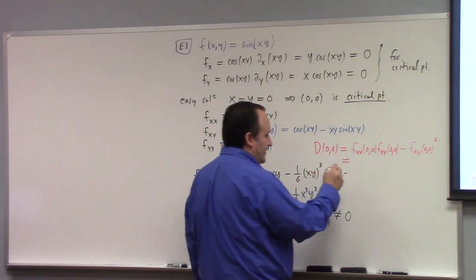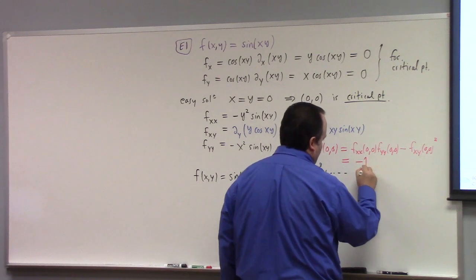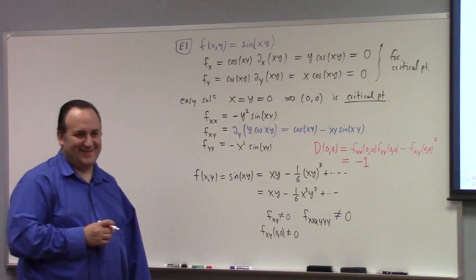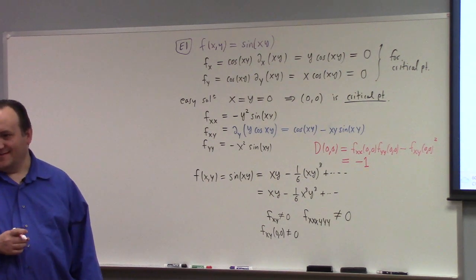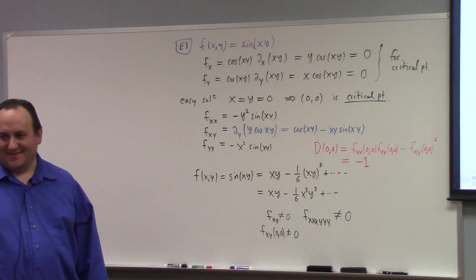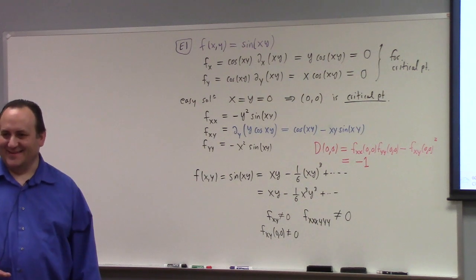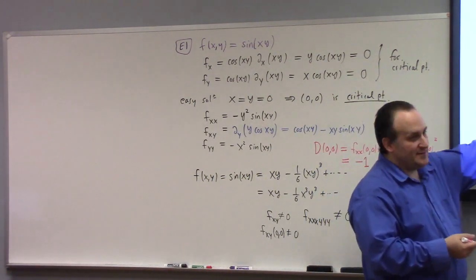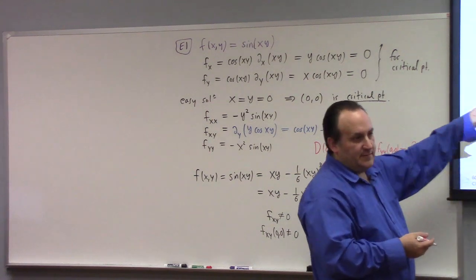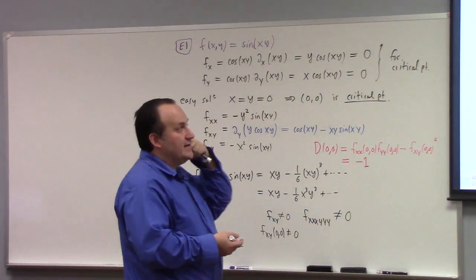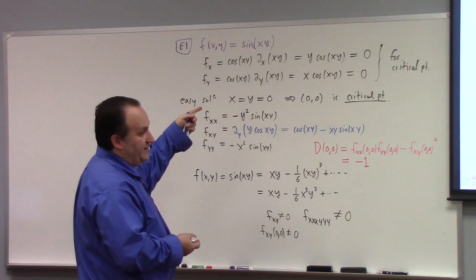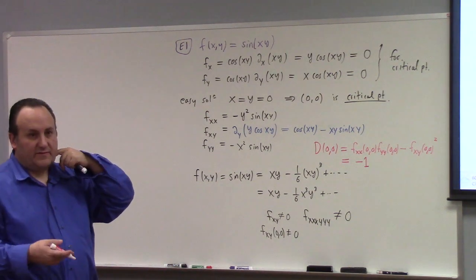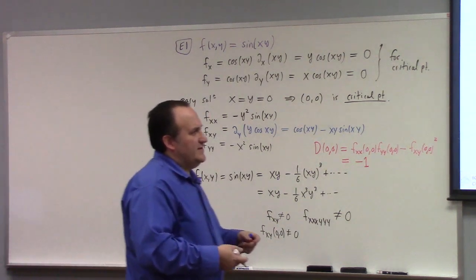Negative 1. Is negative 1 less than or greater than 0? This is an easy one. It's your time to shine. Less than, okay, very good. So we're definitely in case 1, which says what? It says that the origin, f of 0, 0, is neither a max nor a min for this function by the second derivative test.